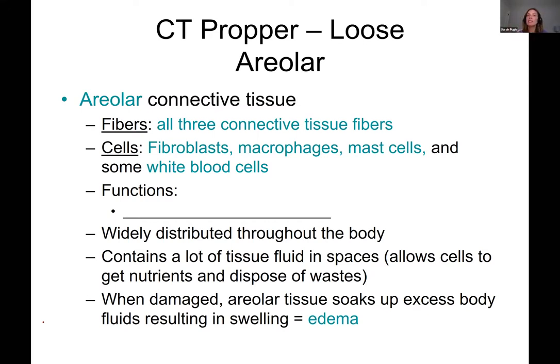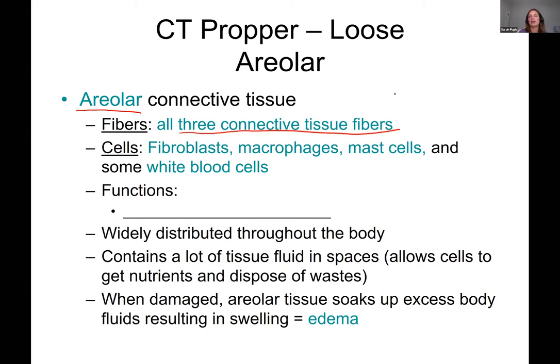So our loose connective tissue, like areolar connective tissue, is one. I love the name of this. Areolar tells you right there in the name, it's airy. It's very spread out. It's a loose tissue. So this type of connective tissue proper has all 3 fibers in it.